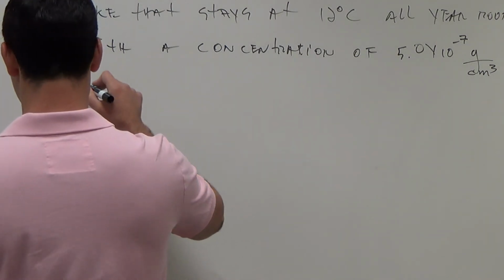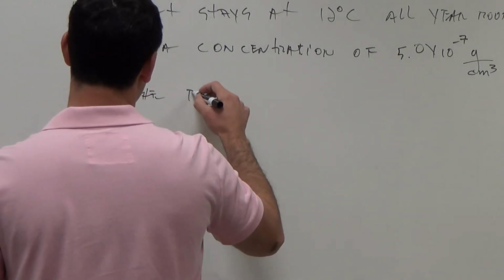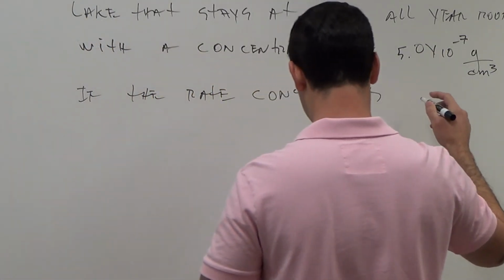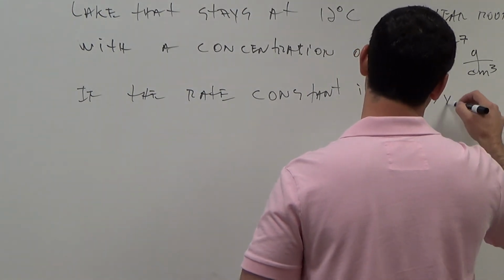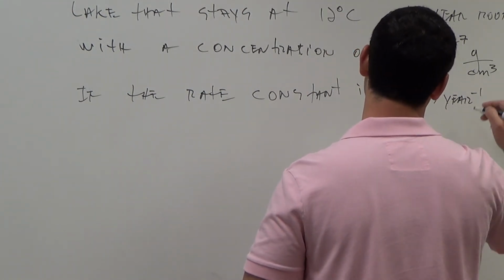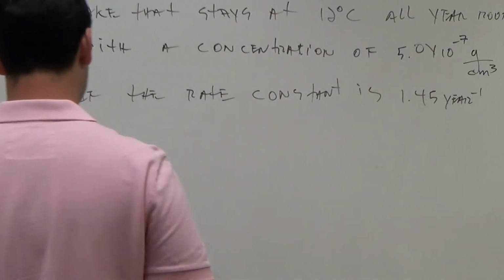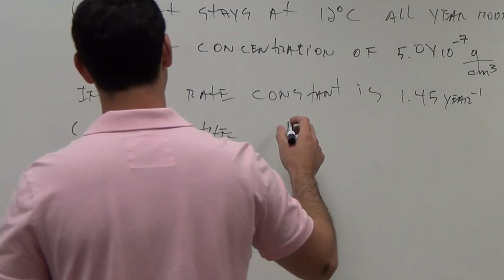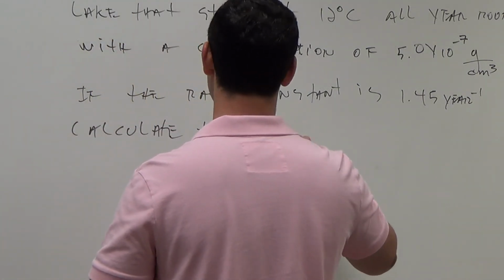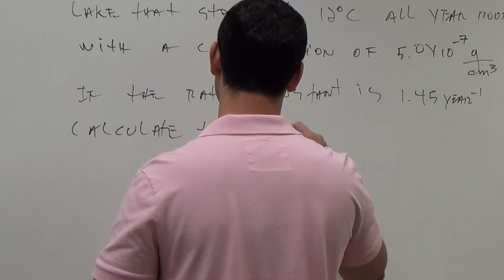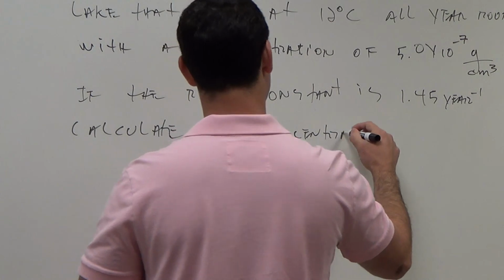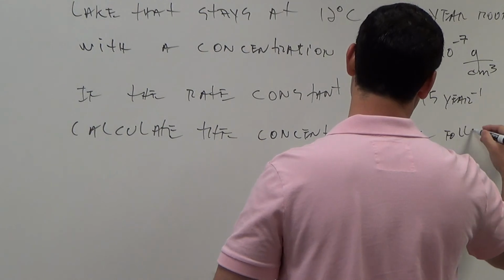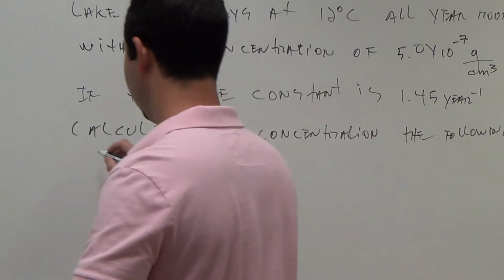So let's say the rate constant is 1.45 years to the minus 1. Calculate the concentration. So seriously, the following year. February 29th.